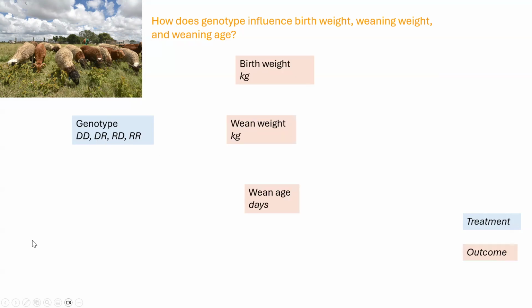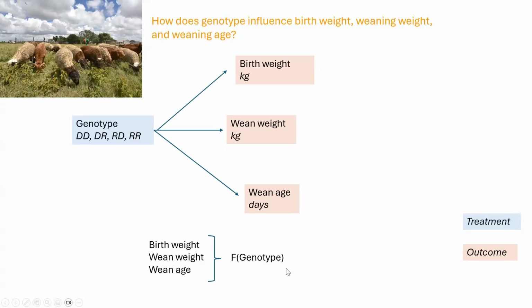And I've got my outcome variables, birth weight, wean weight, and wean age. I've included the units here to indicate these are all continuous variables. And for my direction of causation, I'm hypothesizing that genotype causes some effect on these three outcomes.